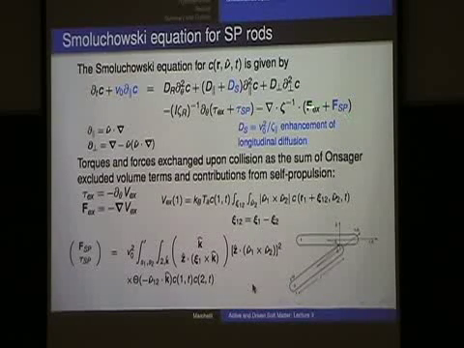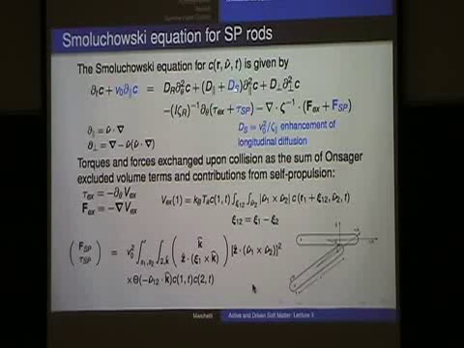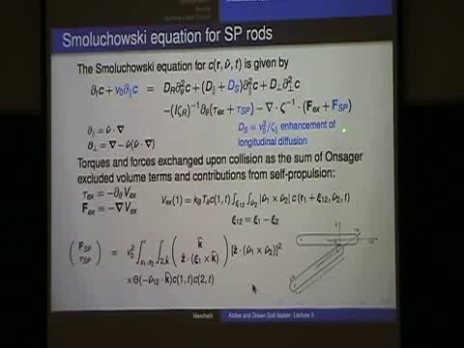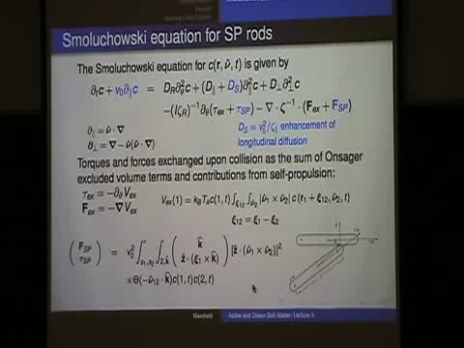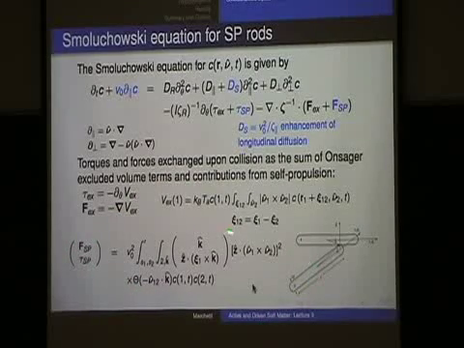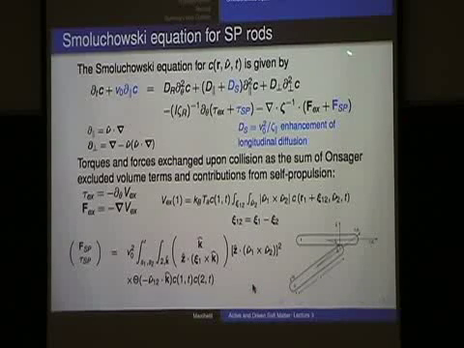And then there are contributions to the torque and the force that the rods exert on each other, because essentially there is an additional longitudinal momentum exchange by self-propelled rods in addition to that exchange by hard rods. That gives you these two contributions over here, which is just supposed to show you it's pretty messy and complicated, but again you can calculate it, so you get an expression for this Langevin equation.